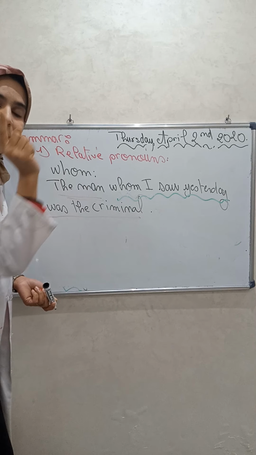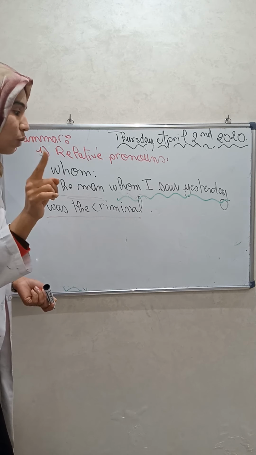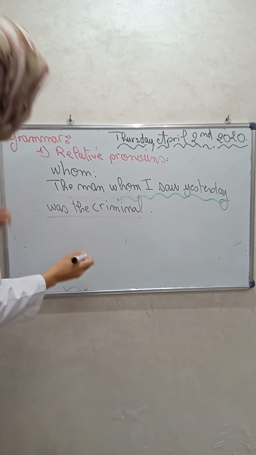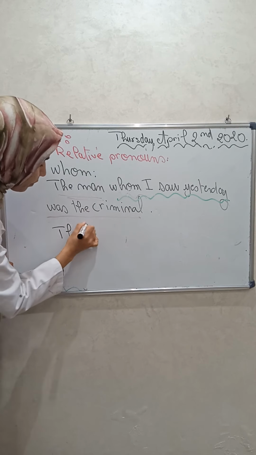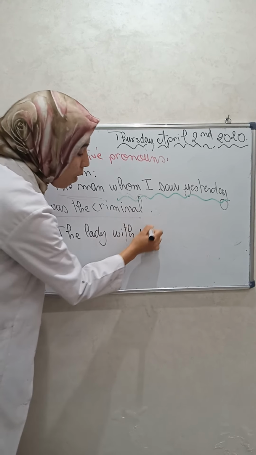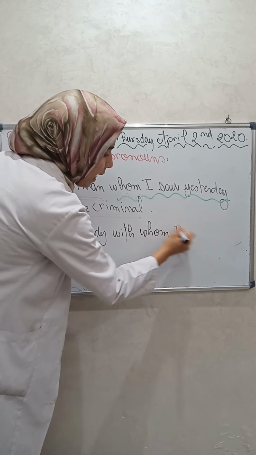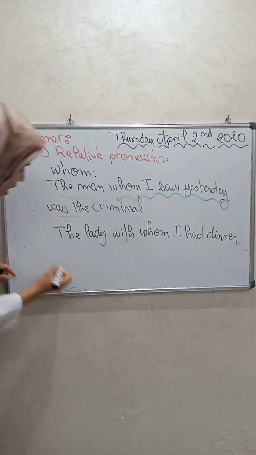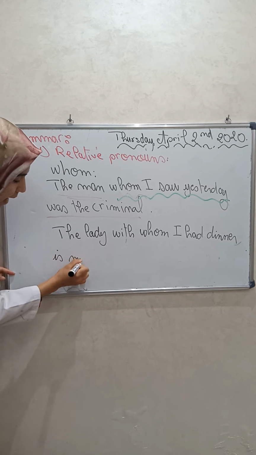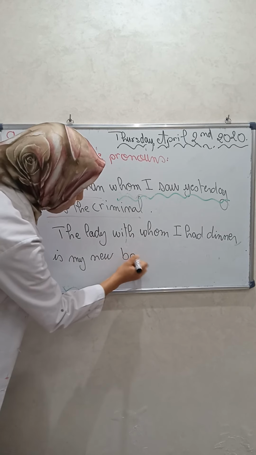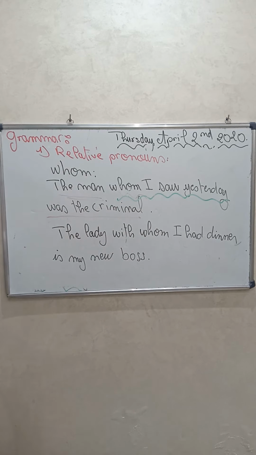Okay? I give you another example with whom, but this one is going to be whom and a certain preposition. For example, the lady with whom I had dinner is my new, let's say, boss. Here, where is the relative pronoun?